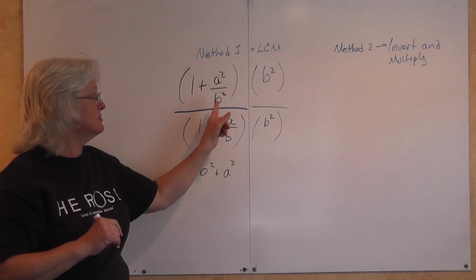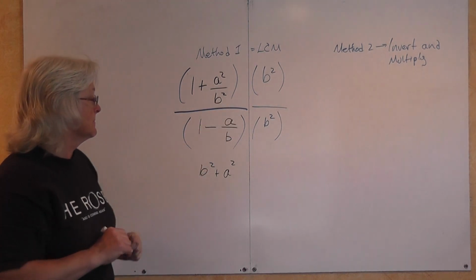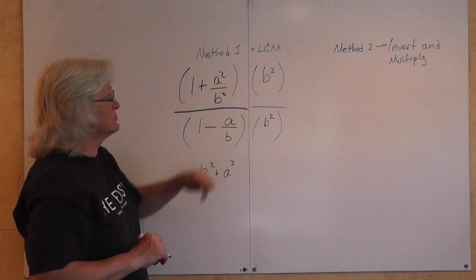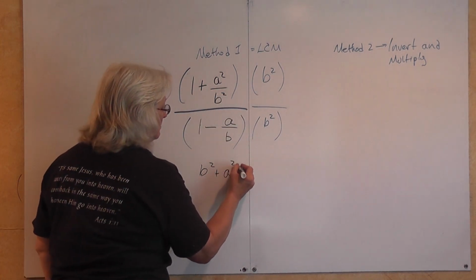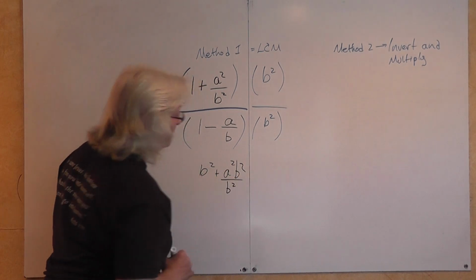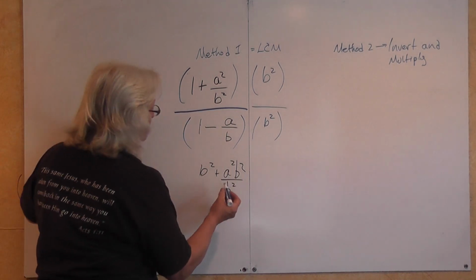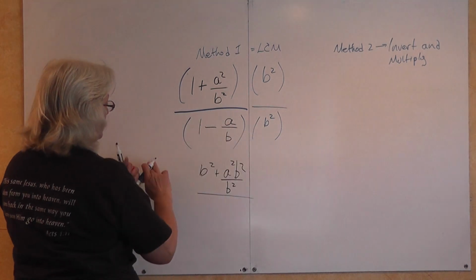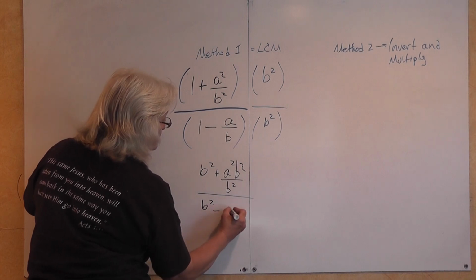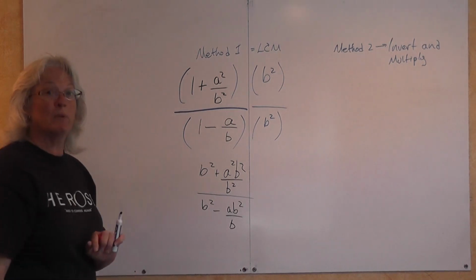When we multiply these two together, b squared times a squared over b squared, our factor of b squared cancels out. Let me just go ahead and write this because I'm not convinced that you necessarily are seeing what we're doing. Let me write that extra step in. What do we have in our denominator now? B squared times 1 is b squared minus ab squared over b.